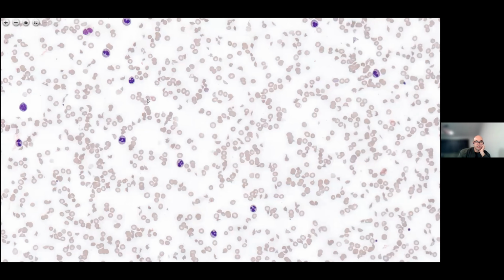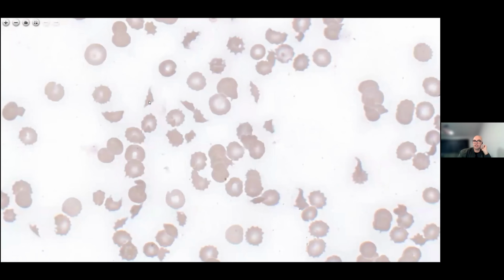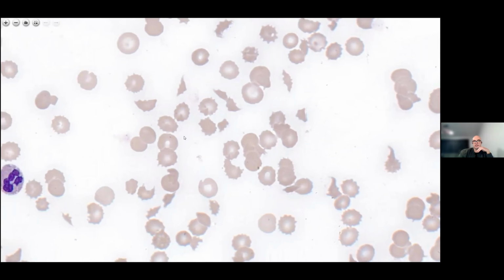As you can see here, there's this red cell we call hyperchromatic, where you no longer see an area of central pallor, which is a lighter area of the red cell. And it's also lost its circular shape, and it's become this sort of two pointed ends at each side. And here's another cell with pointed ends. It's got a slight area of central pallor, but it's starting to lose its central pallor.